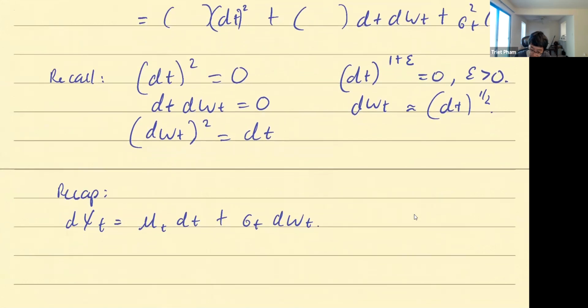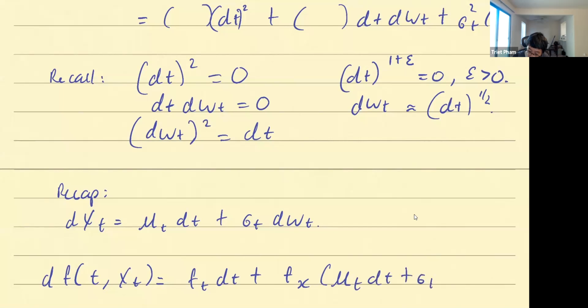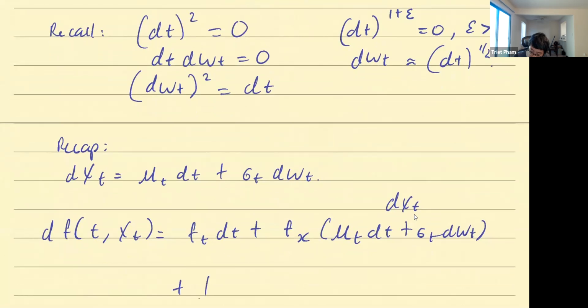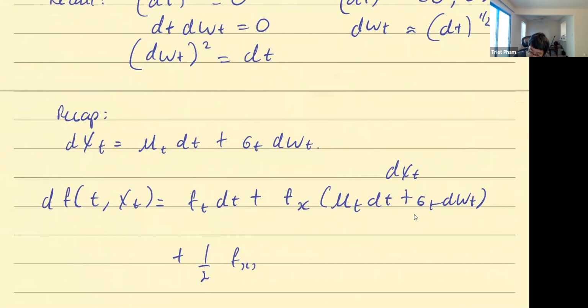Then the differential of a function will be f sub t dt, plus f sub x dxt, where dxt is mu t dt plus sigma t dwt, and then plus 1/2 f sub xx sigma squared t dt. And this is the quadratic variation of xt. Any question here?